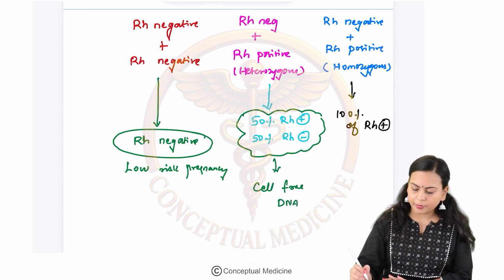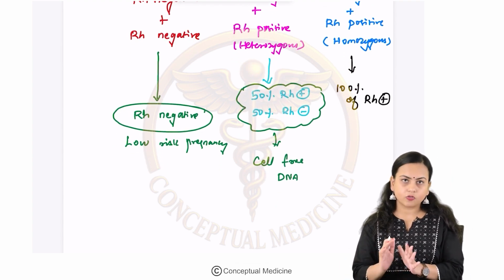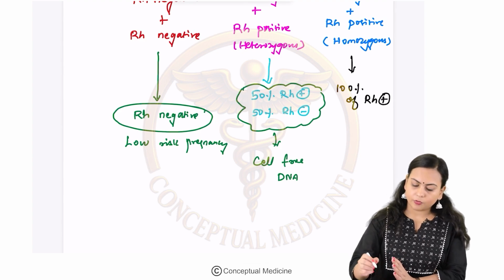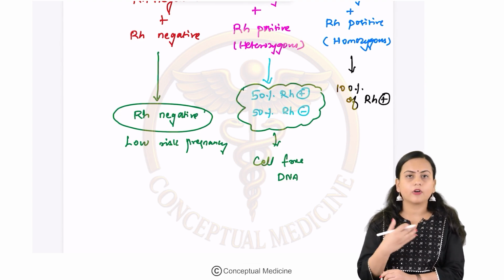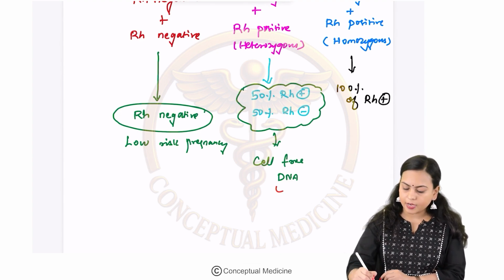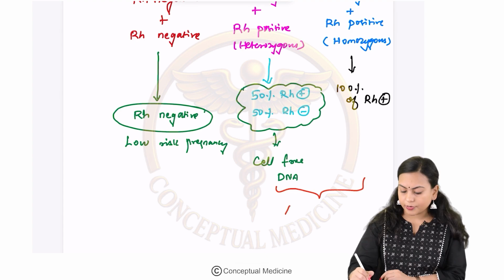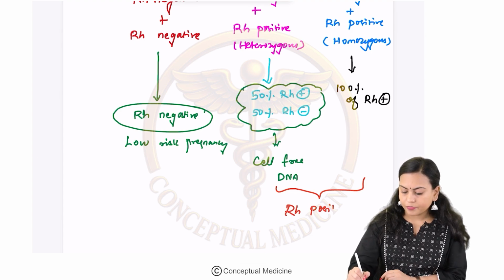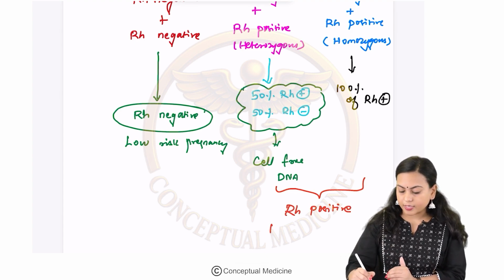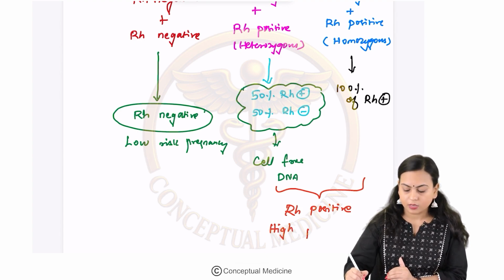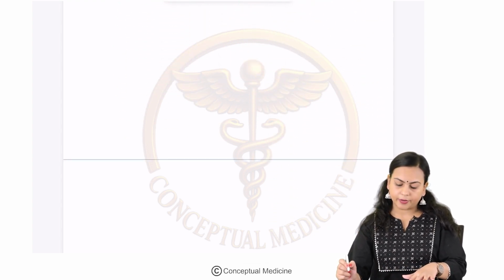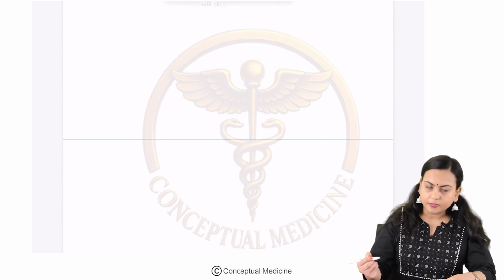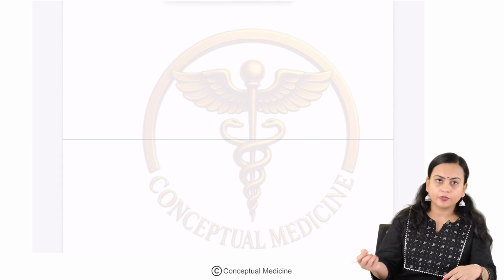But remember, this test is very costly for the patient to afford. So whenever there is an Rh negative mother and an Rh positive father, we presume that the baby is going to be Rh positive only, and these two scenarios are considered high risk pregnancies. Clear?